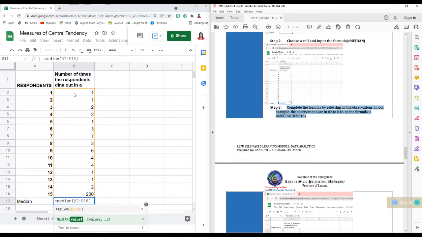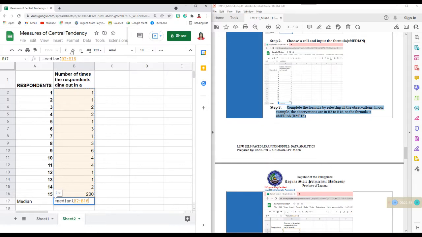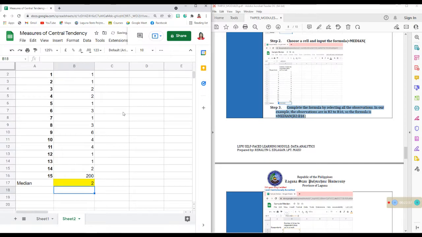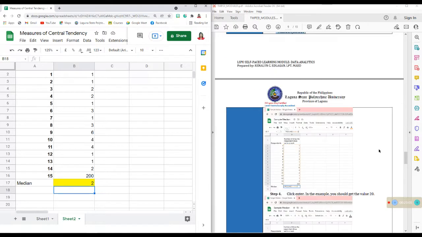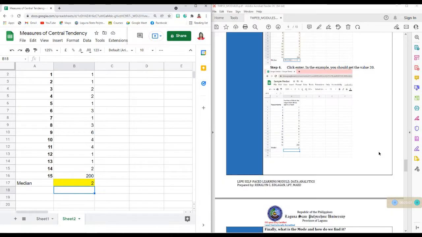So, select lang natin mula 1 to 200. So, we have median, open parenthesis B2, colon B16. Tapos, isara lang natin siya with a right-hand parenthesis. And then, just press enter. So, the median is 2. So, kung ano yung nakuha nyo sa mano-mano, yun lang din ang makukuha nyo sa Google Sheet. Okay? Okay. I hope that was clear.